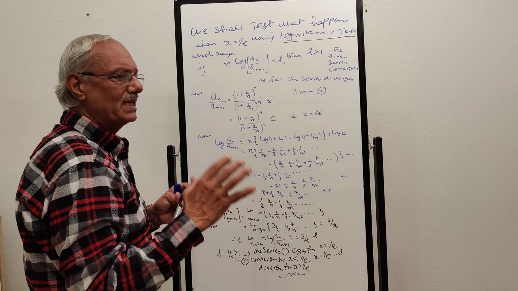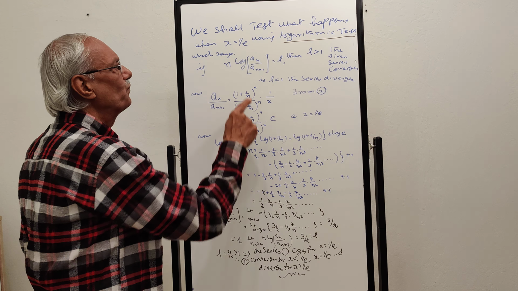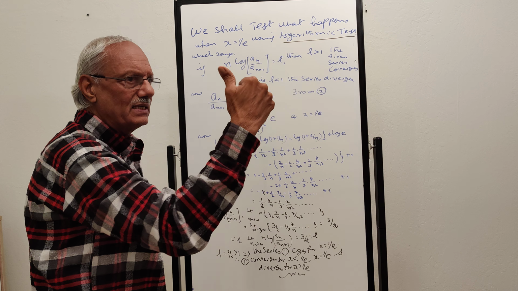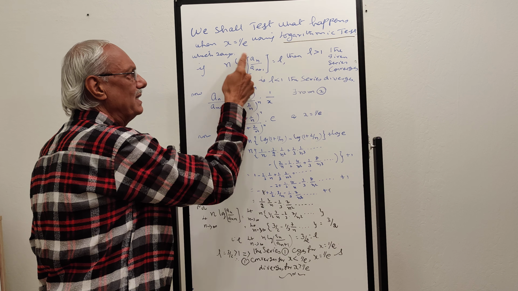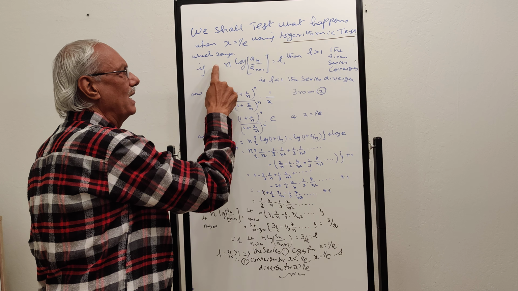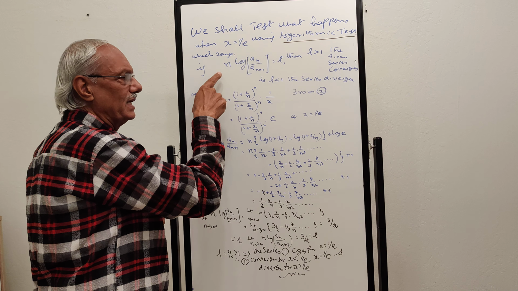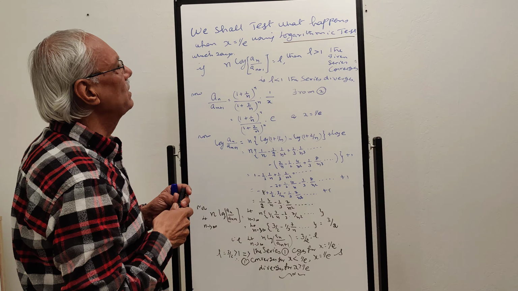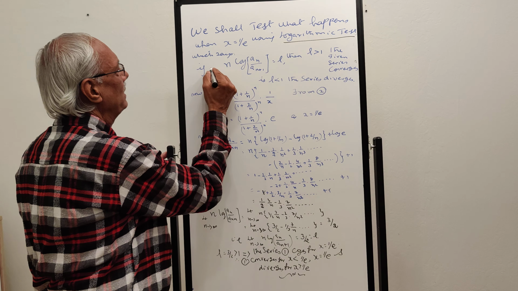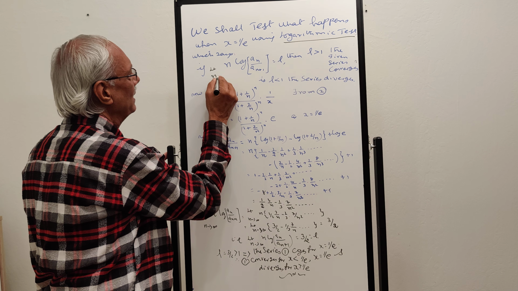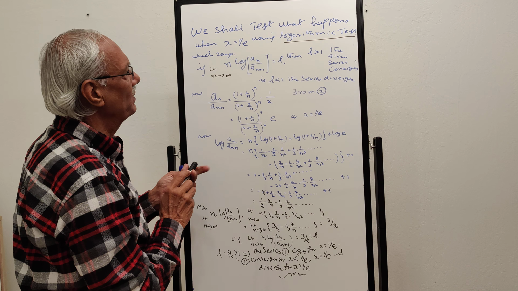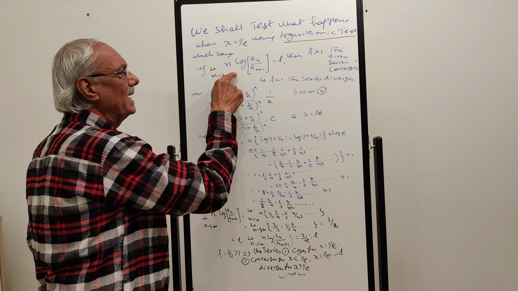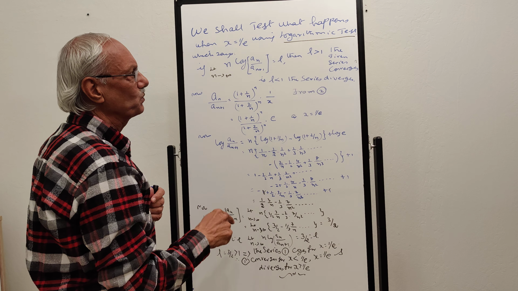It says that given a series, you find a(n) and a(n+1), divide a(n) by a(n+1), take the logarithm of that and multiply it by n, and allow n to tend to infinity, the limit of n tending to infinity of n into log of a(n) by a(n+1).